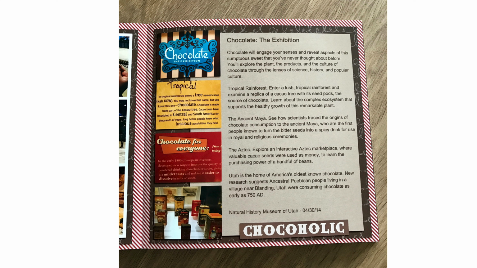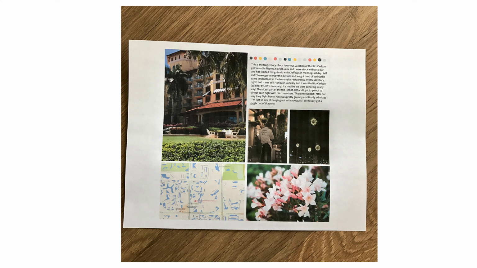But for now, here's a picture of one of my photo books, and you can see I did quite big print on this, because that's a lot of the focus of this page, and I wanted it to be easy to read. Here's a little trick I use.